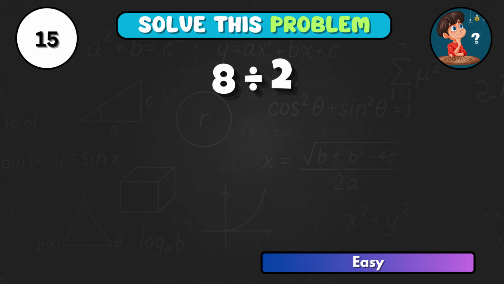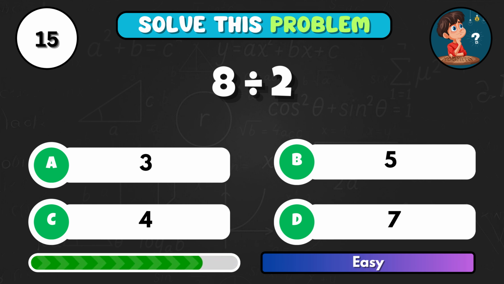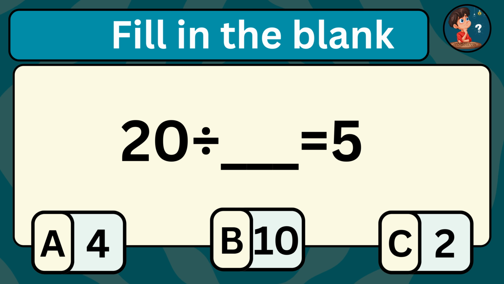And if you divide 8 by 2, what do you get? The solution is C, 4. Fill in the blank. 20 divided by what number equals 5?